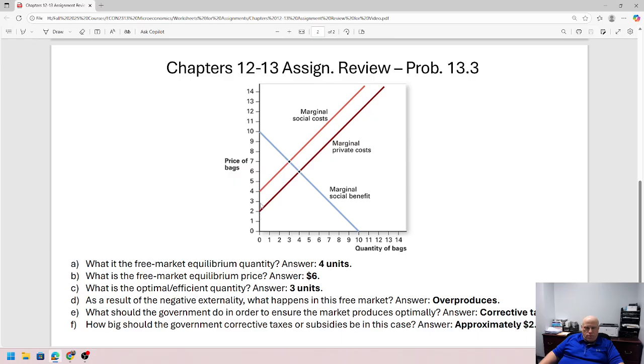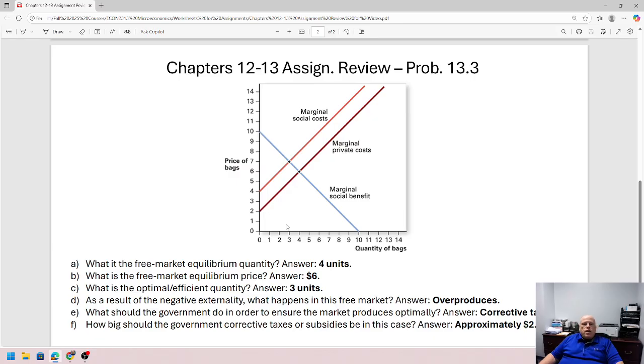And what that distance is between the two, which in this case is basically about $2 per bag. All right, so it'd be about the difference between, again, this marginal private cost curve and the marginal social cost curve. You can look at it on the y-axis of the graph there. You'd have basically a difference of 4 minus 2, which is about $2 per unit is what you would have to do as a tax in order to get producers to produce at the socially optimal level.